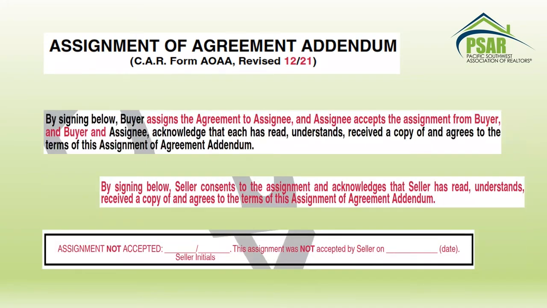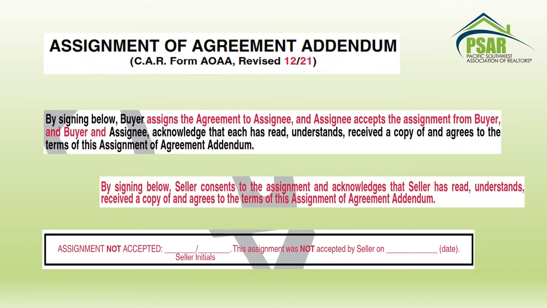Then we have the legal language that we need: buyer assigns the agreement to assignee, assignee accepts the agreement from buyer, and they acknowledge that everybody's read it. By signing below, seller consents to the assignment. So that was added as well, all the language that needs to be in there to have a valid assignment.